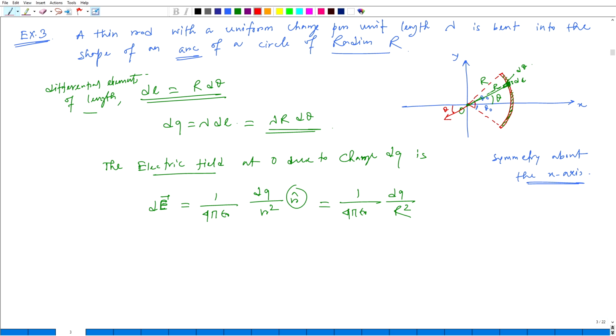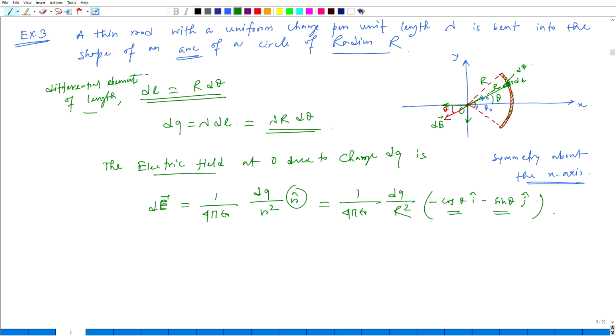So this r cap becomes minus cos theta i cap minus sin theta j cap, because this is the electric field vector dE, and both projections are in negative directions. So the j cap direction has the sin theta component, and the i cap direction has cos theta. I hope it is clear now.